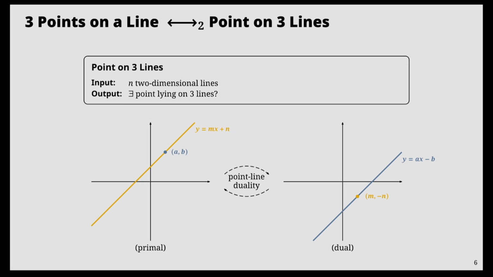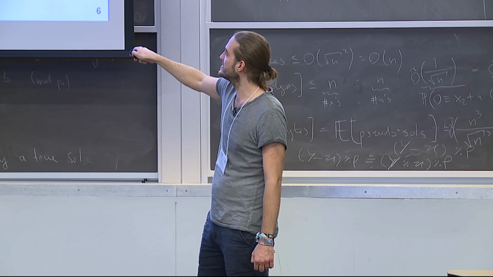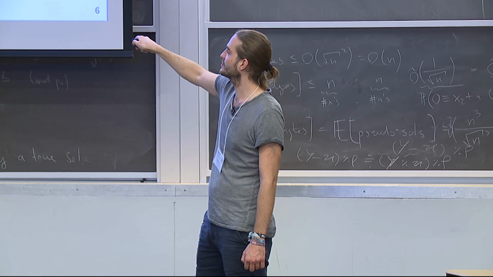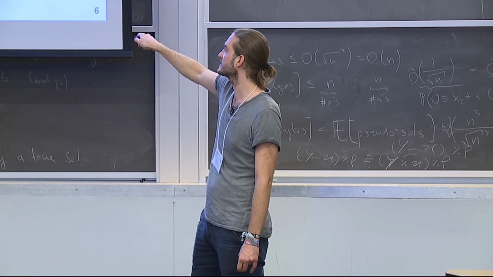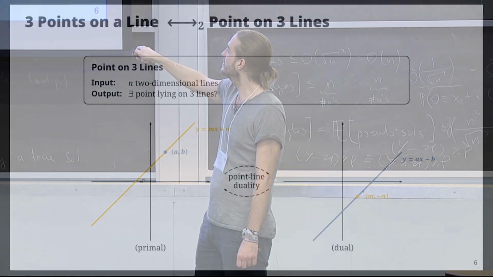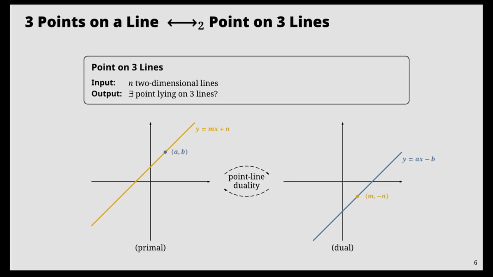And if you want a reason for that, just try to do the math in your head. You want to plug a and b into the x and y coordinates here. So what's written here is b equals m times a plus n. And if you do the same on the right-hand side, then what's written here is minus n equals am minus b. So if you swap both sides, turns out they're equivalent.